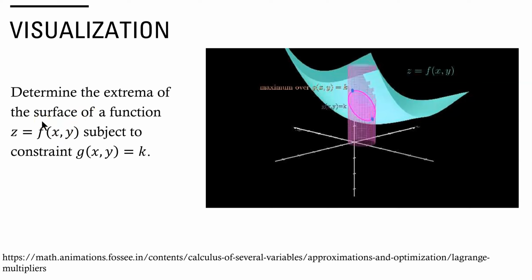We want to find the maximum of that profit function subject to our constraint, an equation that captured budgetary constraints. We're going to look at some animations to help us get a glimpse into this method of Lagrange multipliers.